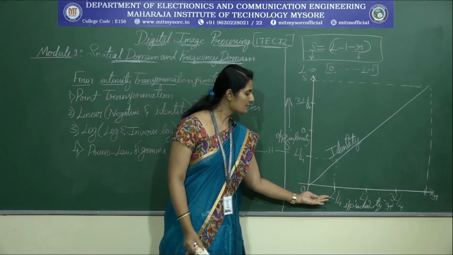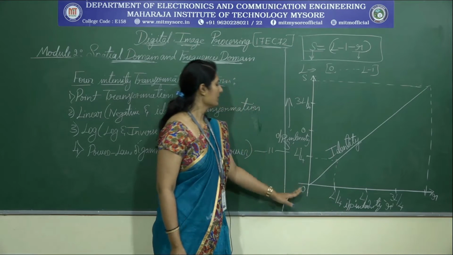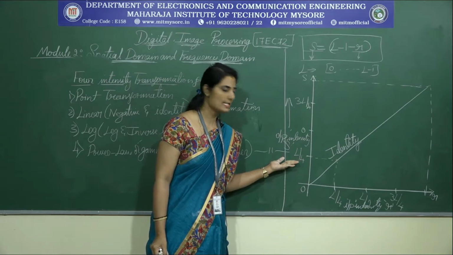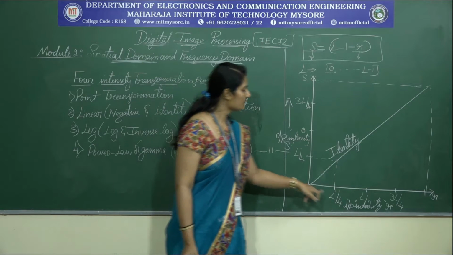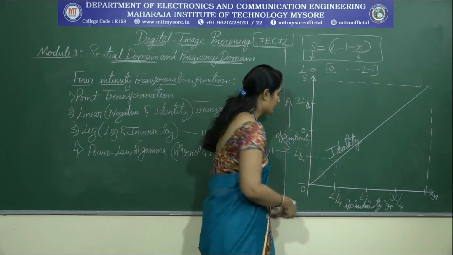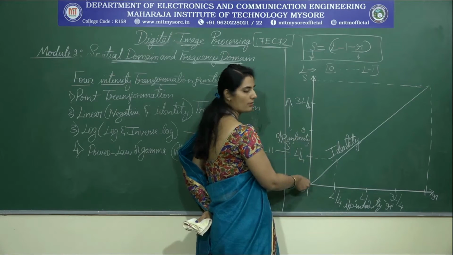The horizontal axis represents the input intensity value R and the vertical axis represents the output intensity value, that is S. So if the input intensity level is L/4, then the output is also L/4. If the input intensity level is 0, then the output is also 0.